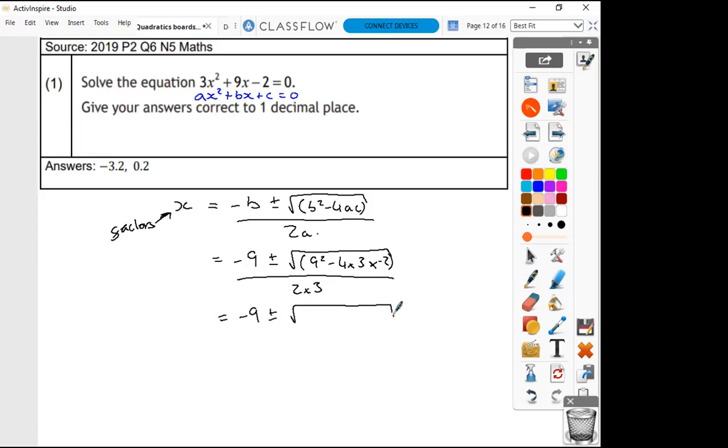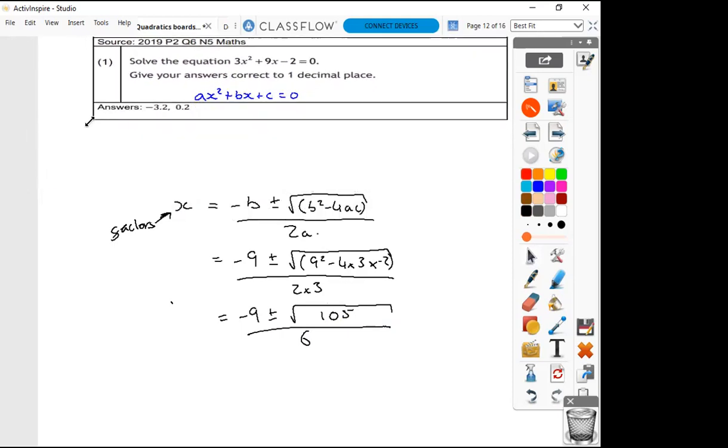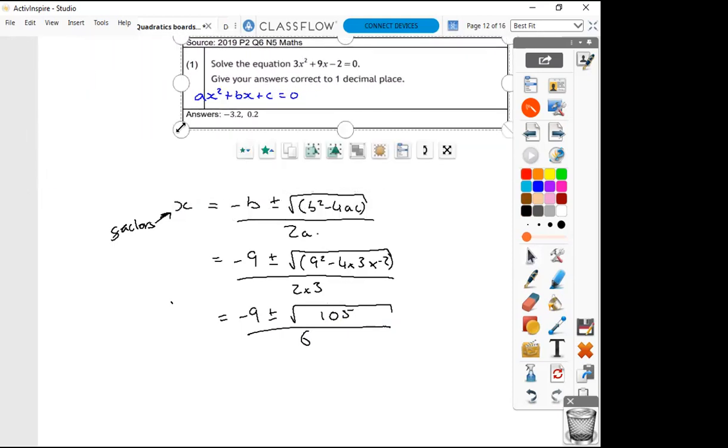So we've got 81 plus 24, which is 105, all over 6. I have to give myself a wee bit more room.